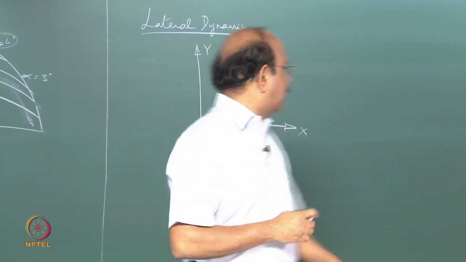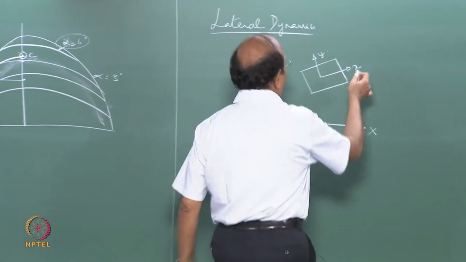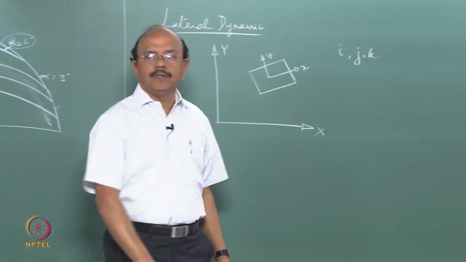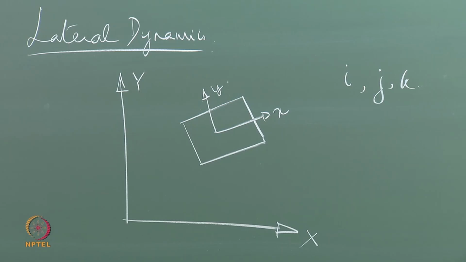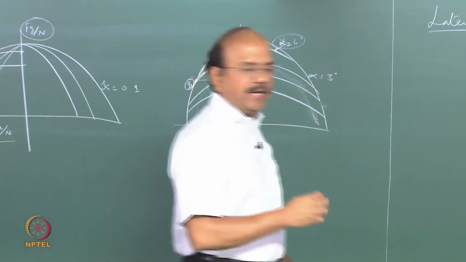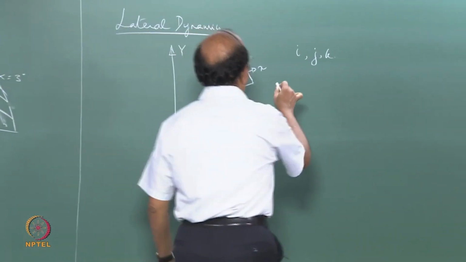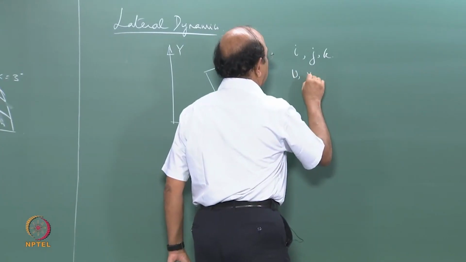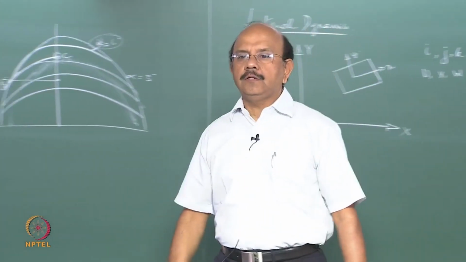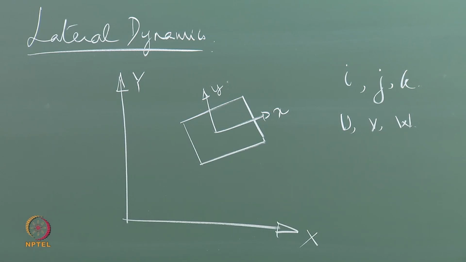Right? Let us say that the usual ijk is what defines the unit vectors along x, y, and z. Right? And let's say that the velocity of the vehicle in the three directions are u, v, and w. These are the three velocities of the vehicle in the three directions, right?